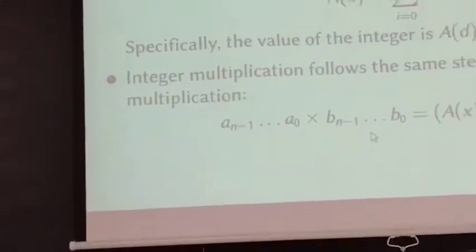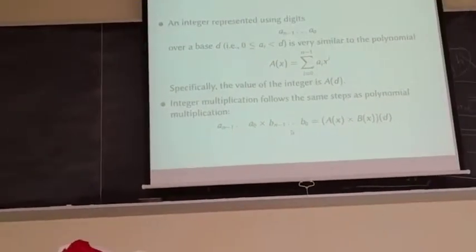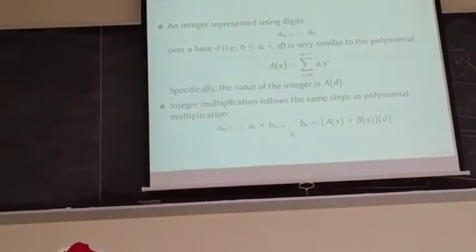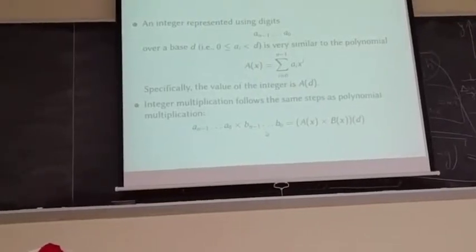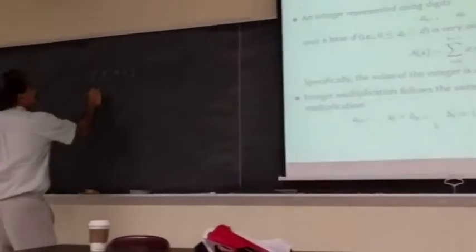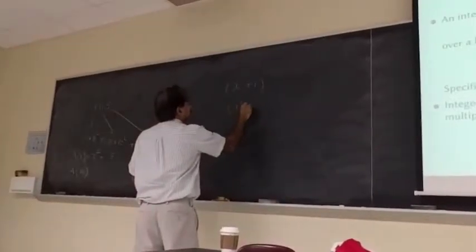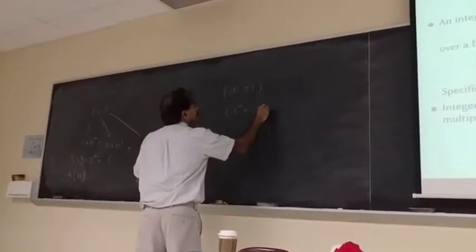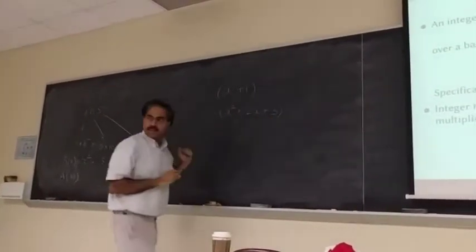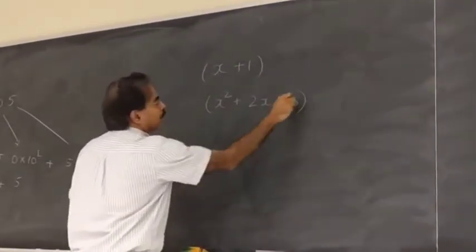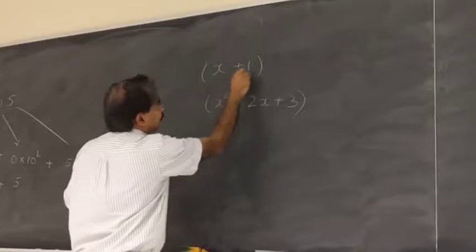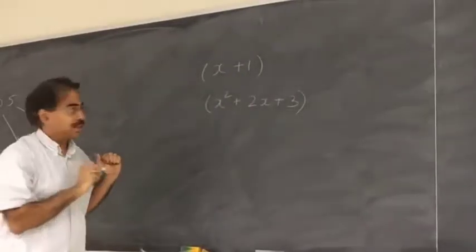Now if you think about how we do polynomial multiplication, let's say we want to multiply x plus 1 by something. How do we do this? We multiply each of these terms by each of these terms.